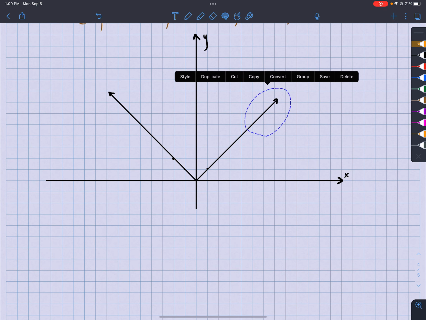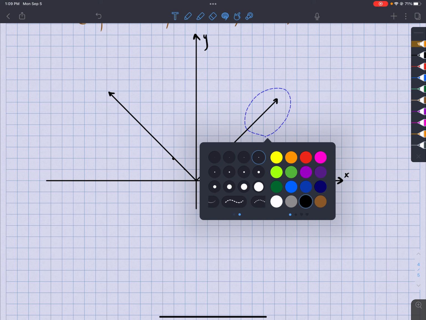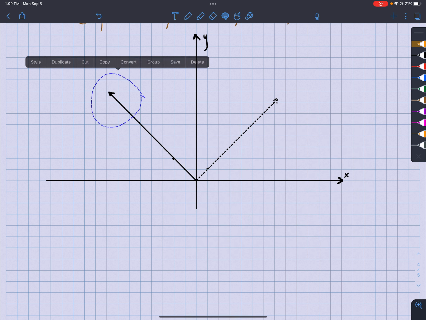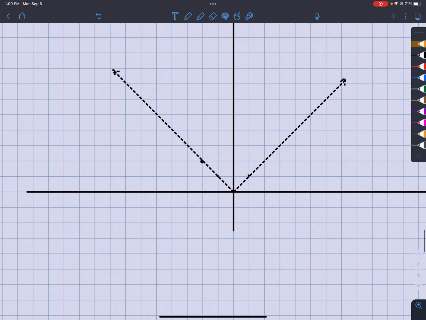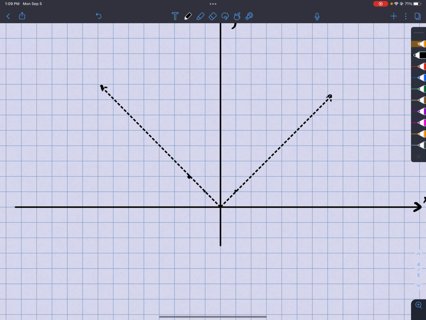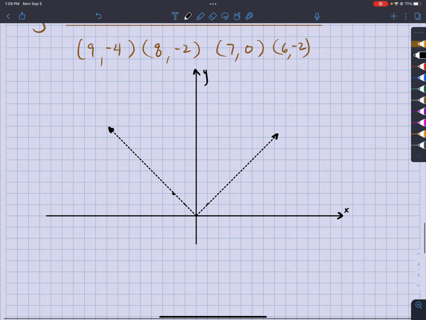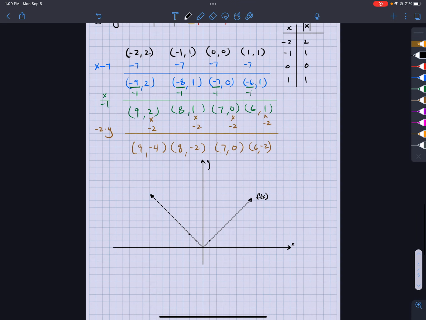I'm going to make it dotted, same thing here. So that's my parent function. This is f of x. Let's take a look at what happened here.